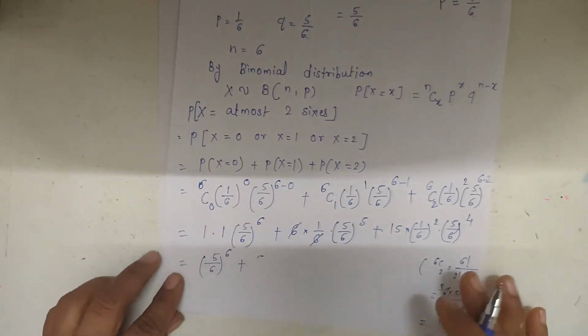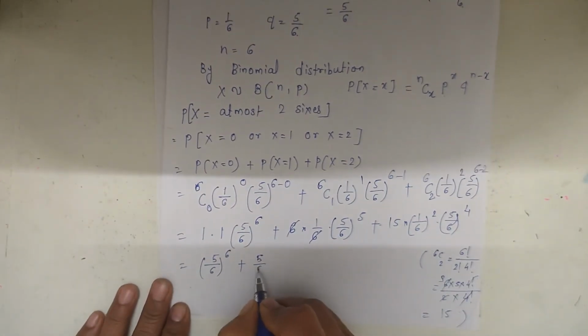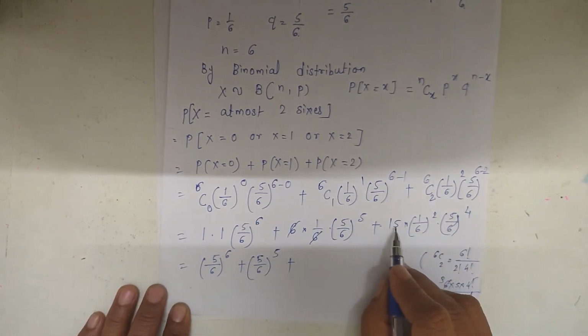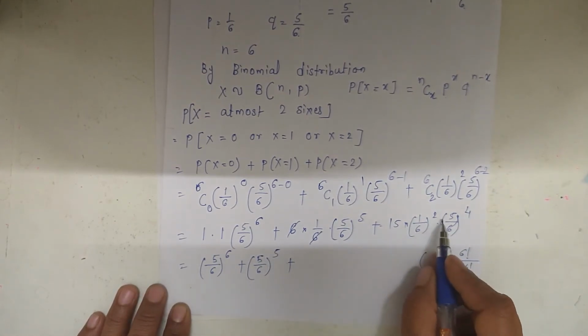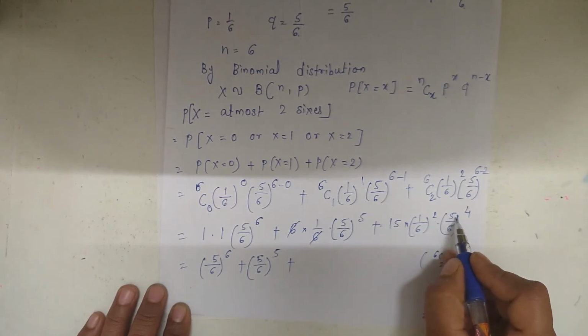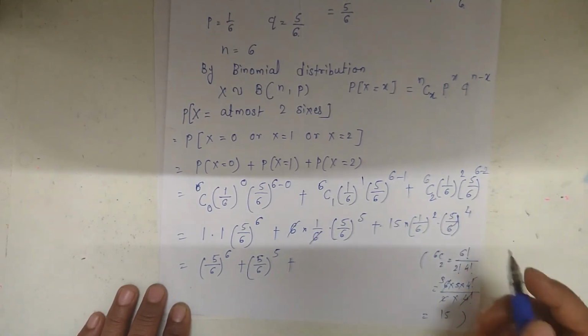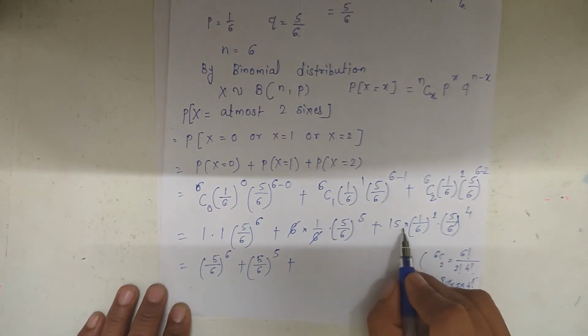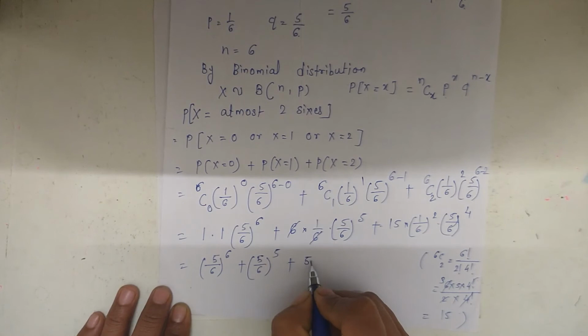Now here 5 by 6 raised to 6 only, plus 6 cancel, 5 by 6 raised to 5, plus here 15 into 1 by 6 raised to 2 and into 5 by 6 raised to 4. So here write the 15 in terms of 5 into 3.